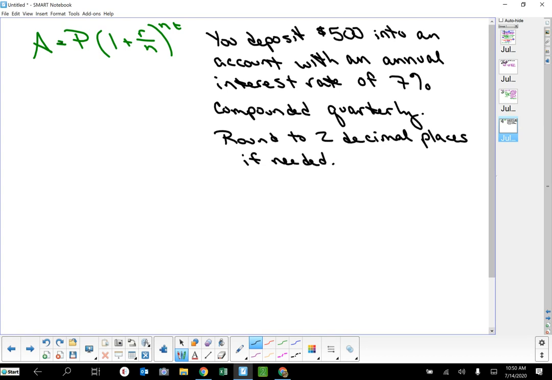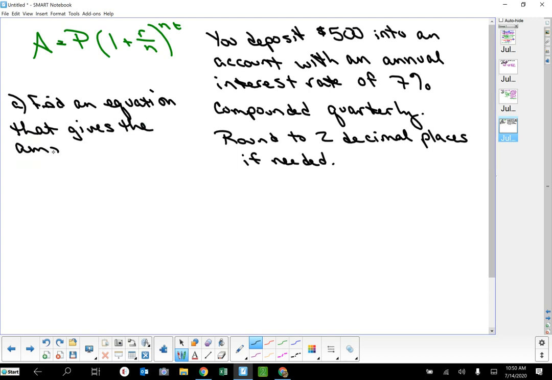And then this is a 4-part question. So part A is find an equation that gives the amount of money in the account after T years.